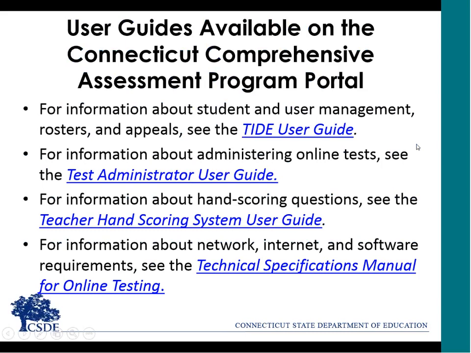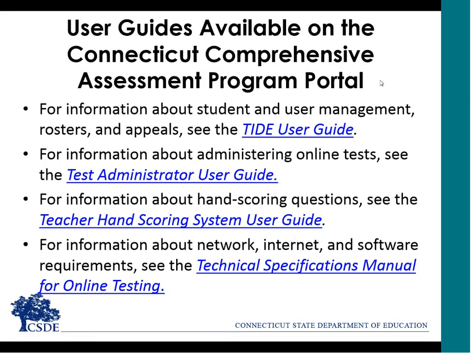So we have a number of resources available to you. They're all on the Connecticut portal. All of these have been highlighted throughout with a small yellow notepad in the right corner of the screen as we're moving through this. For information about student and user management, how to open a roster or to deal with appeals, you should see the TIDE user guide.